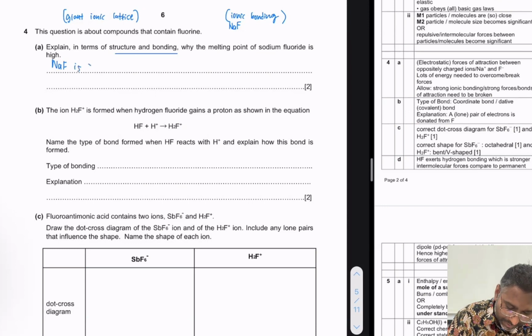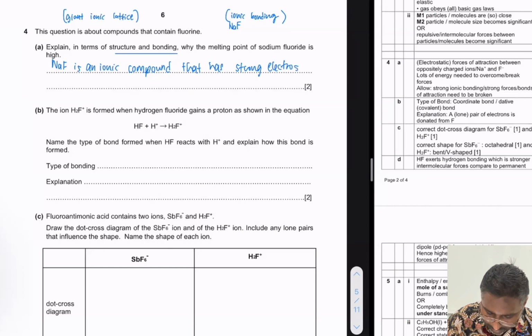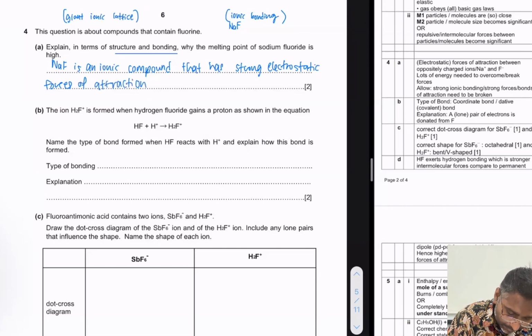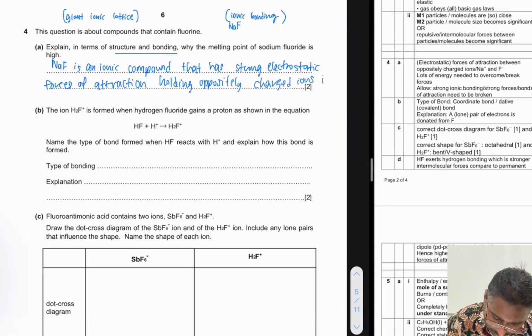NaF is an ionic compound that has strong electrostatic forces of attraction holding oppositely charged ions in a giant ionic lattice structure.